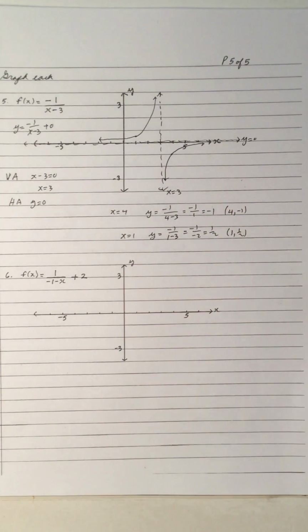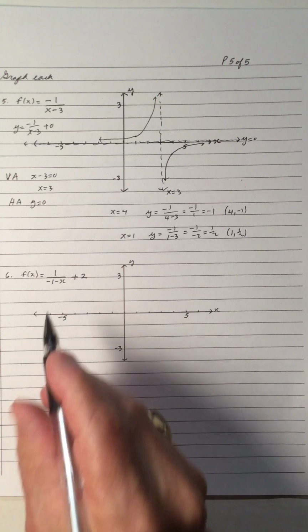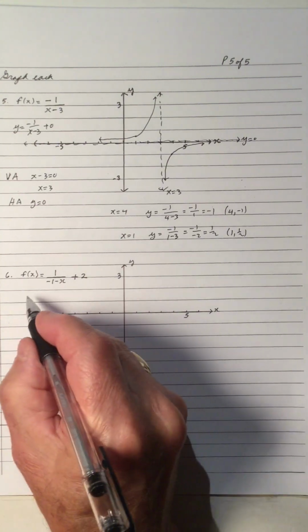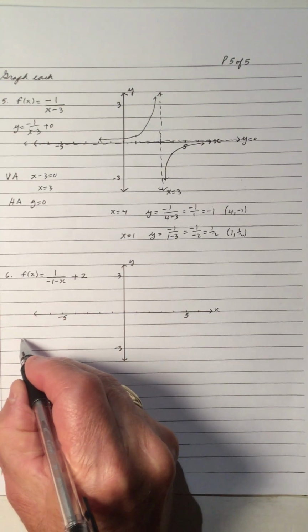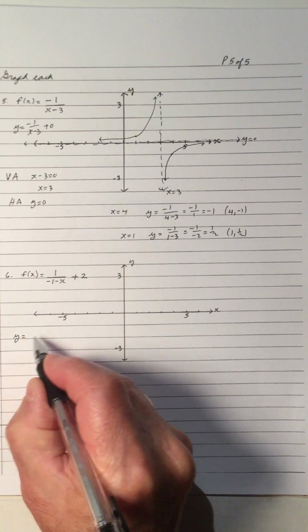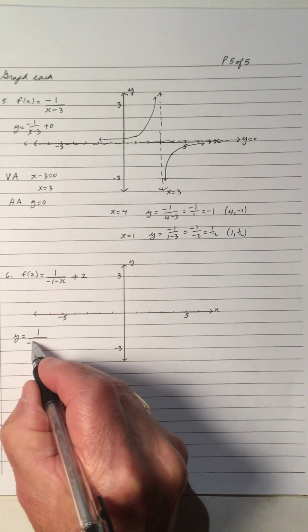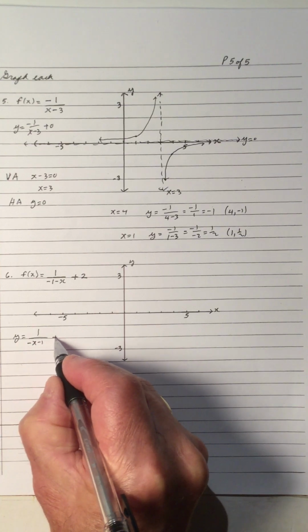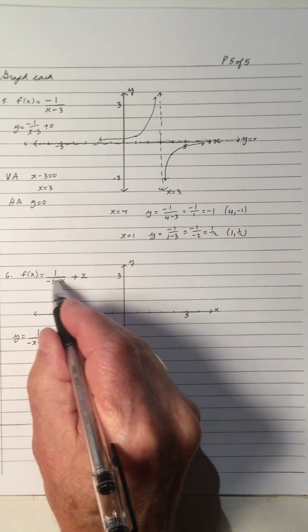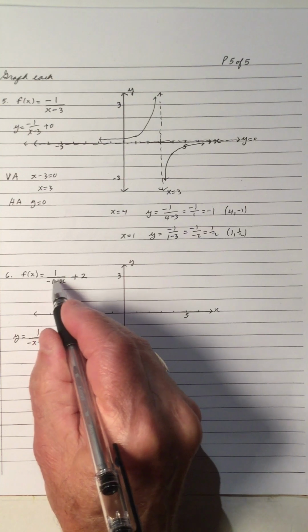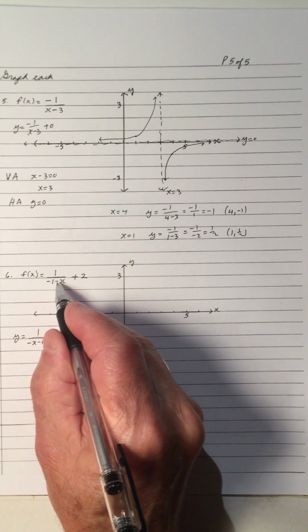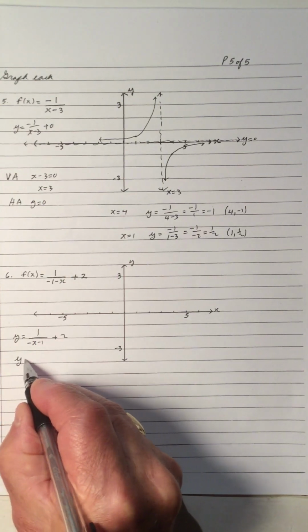Let's look at number 6. Number 6, notice the denominator, and I'm going to write it down here. So f of x is y, but let's rearrange: negative x minus 1 plus 2. Shift this around, so I'm not moving across an equal sign, so this just becomes negative x minus 2.